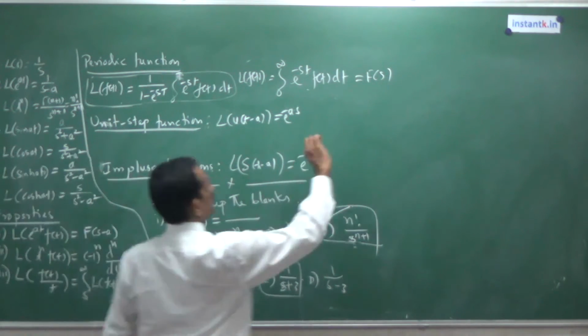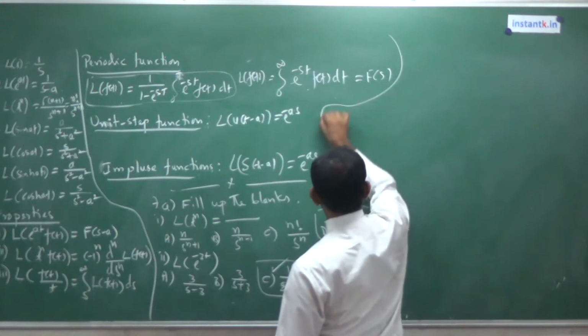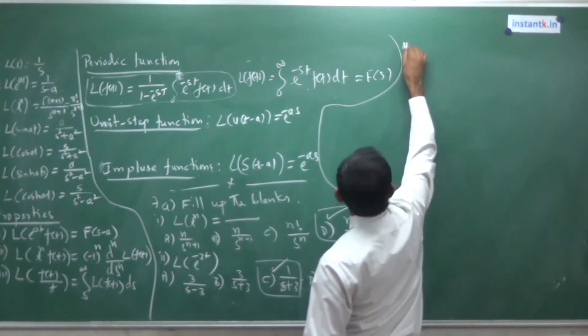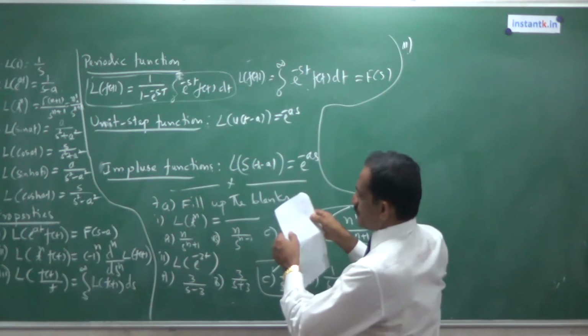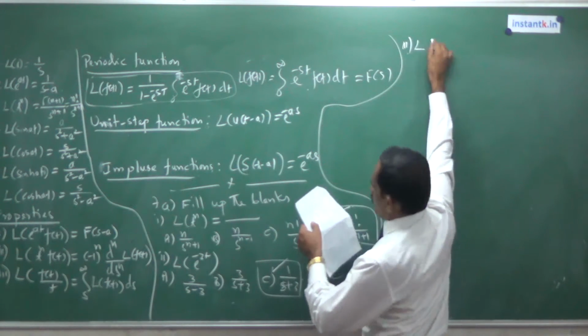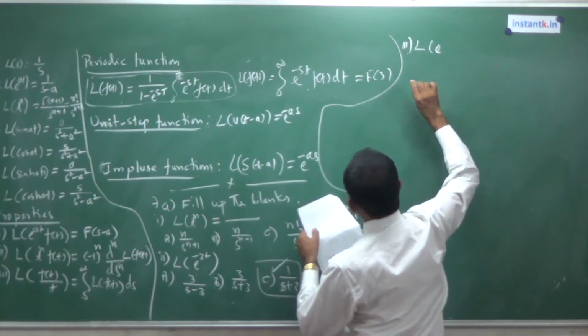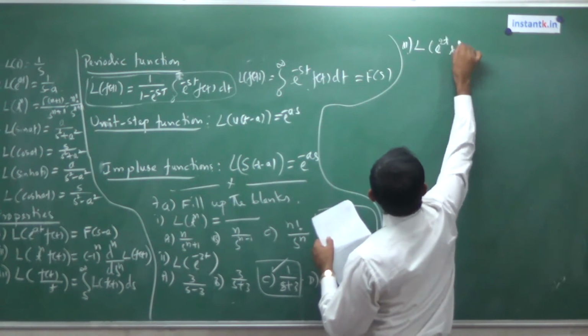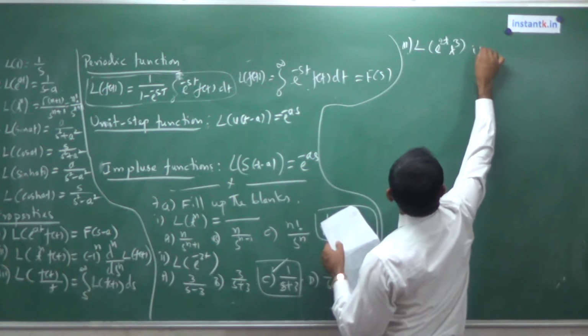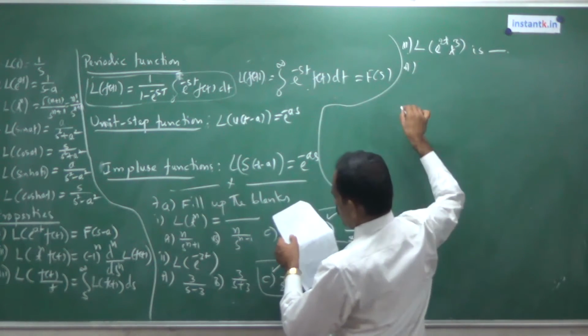Next, go to the third question. The third question is the Laplace transform of e power 2t into t cube equals dash. We are given some options.